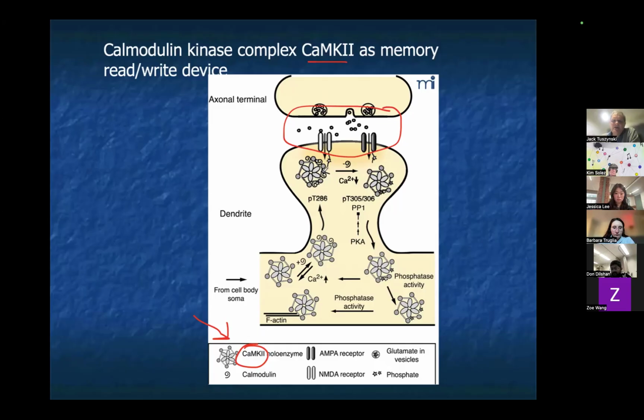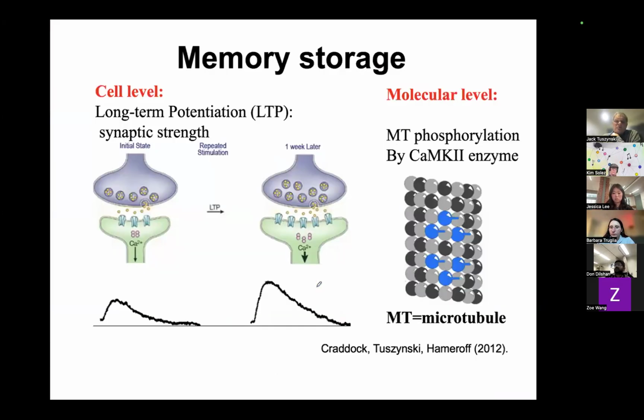So the enzymes are on the postsynaptic side, and calcium travels across the synapse and activates the enzyme, which then, through various steps, which we don't need to go through in detail, phosphorylates microtubules.